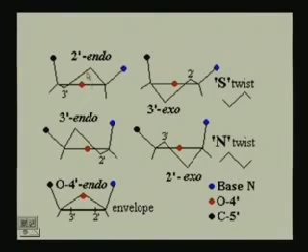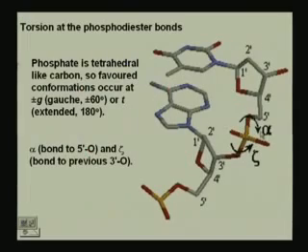Why? Because of the puckering of the sugar. That is changing the position or the orientation of the base and also the phosphate. But you can also have rotations about these two angles. What is that going to lead to? That is also going to lead to changes in the positioning of the bases. The changing in the positioning of the bases is going to help in the bond formation that we are going to see later on.